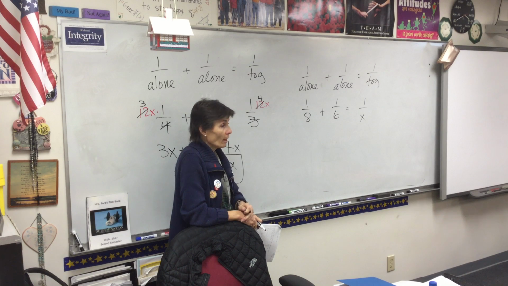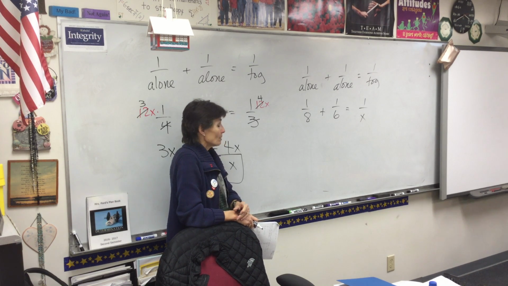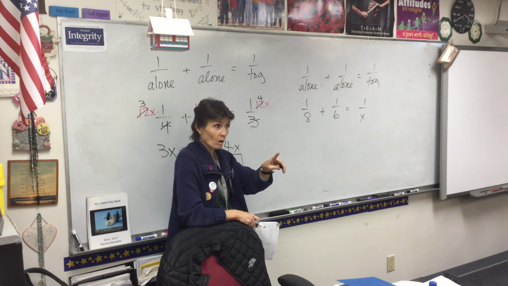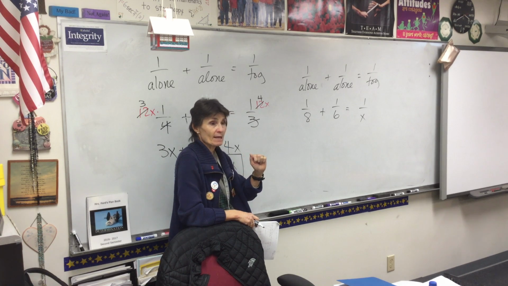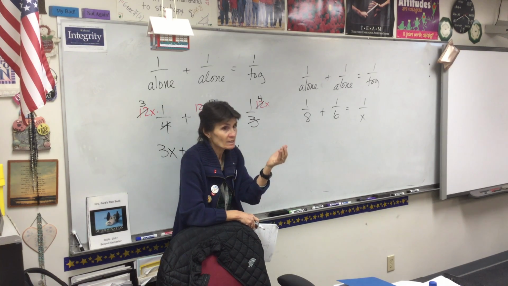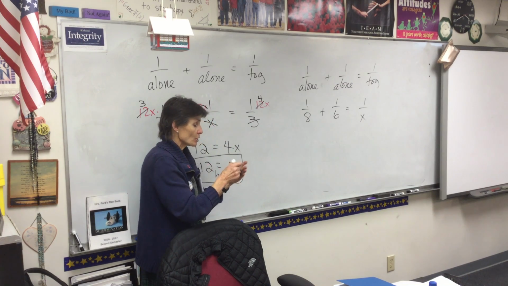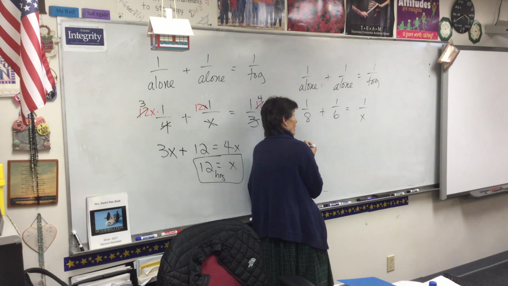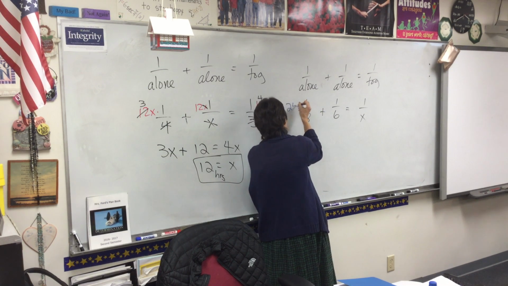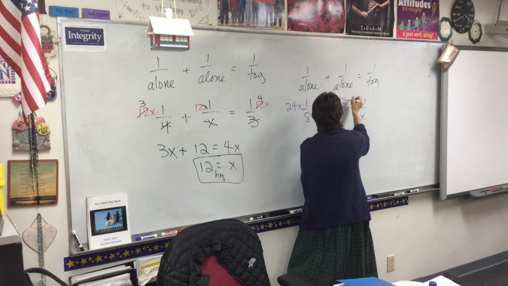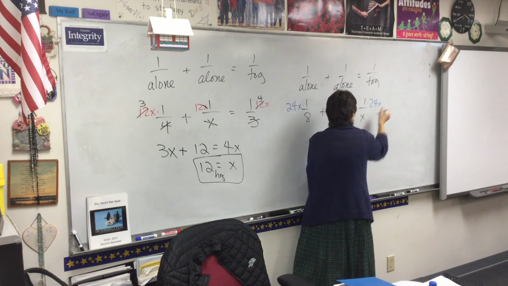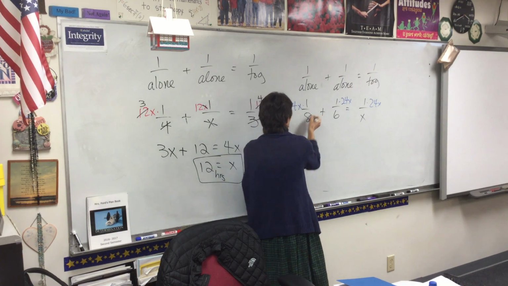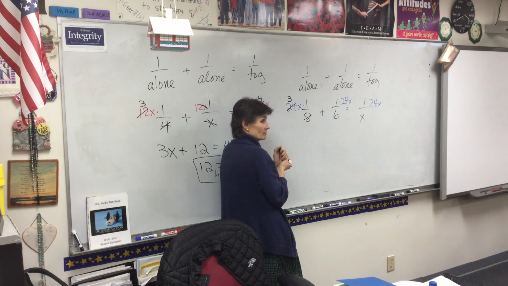What is the common denominator between 8, 6, and x? Well, I heard somebody say 24x. I heard somebody else say 48x. Either one is fine. You are just going to multiply by something that will cancel out the denominators. If you want to go with the smallest number and say 24x, that's perfect because it will cancel the denominators. 8 goes into 24 3 times.